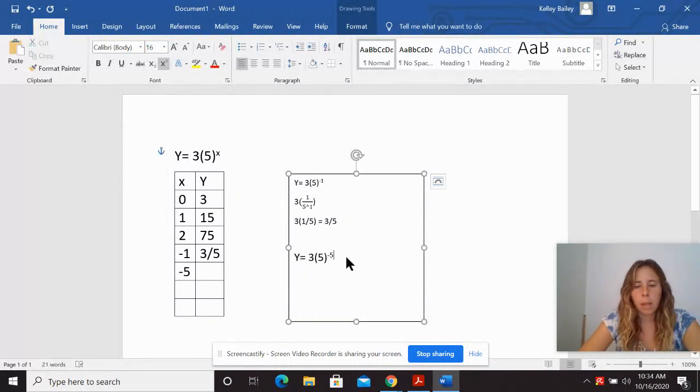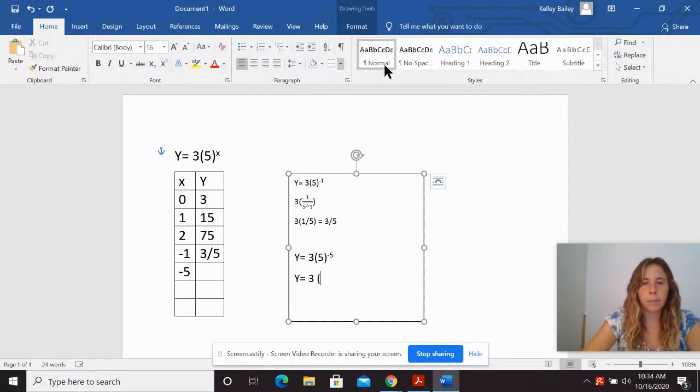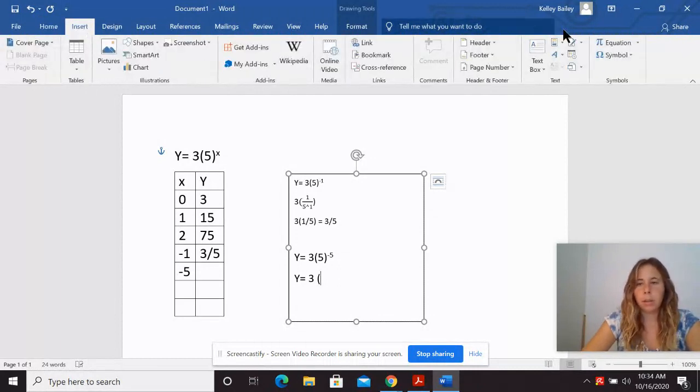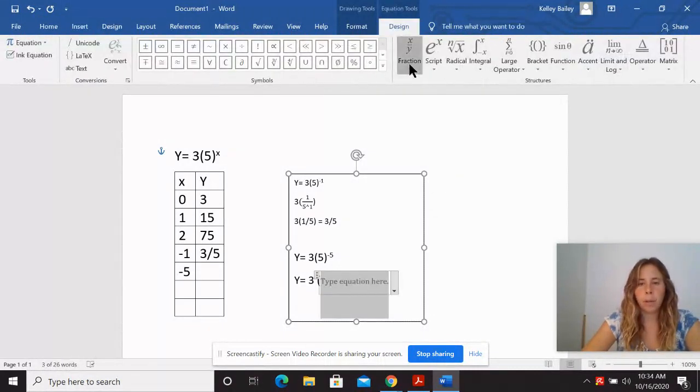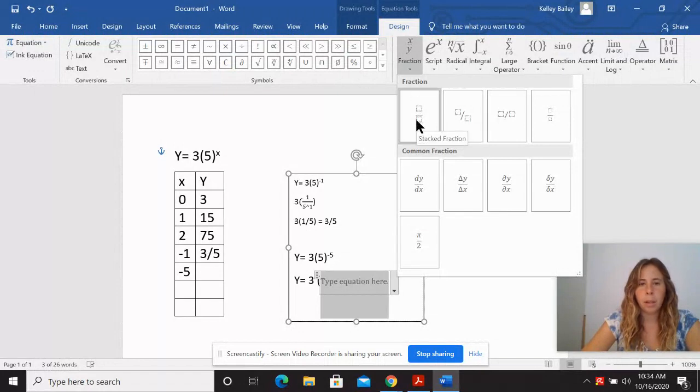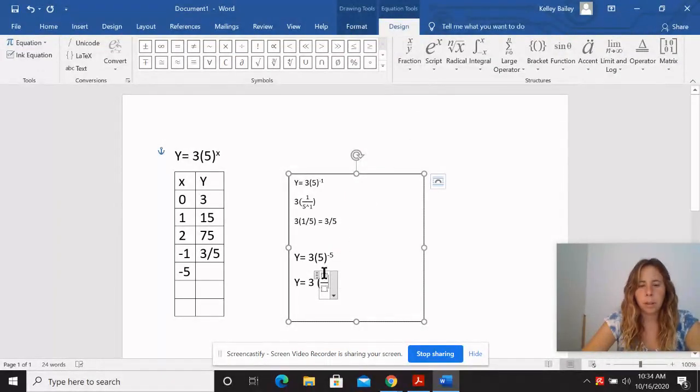So when you have a negative exponent, you turn it into a fraction. 3 times, insert equation, fraction, that fraction. 1 over 5, and then the 5 that's in your denominator, you raise that to the +5th power.